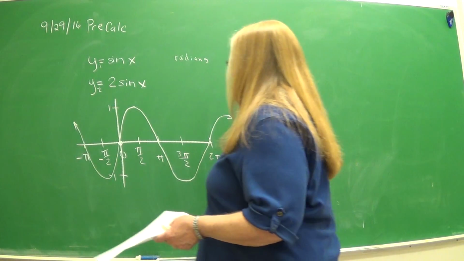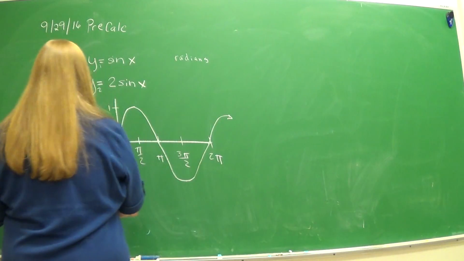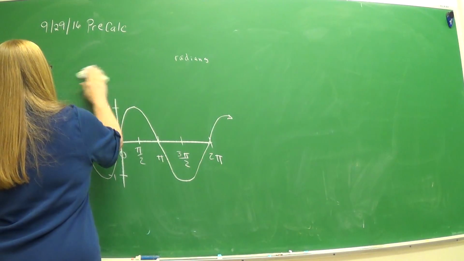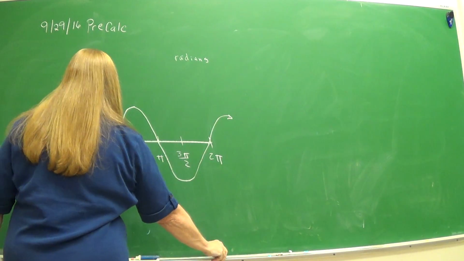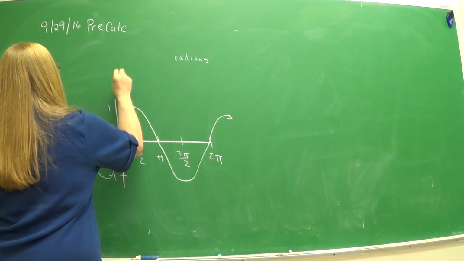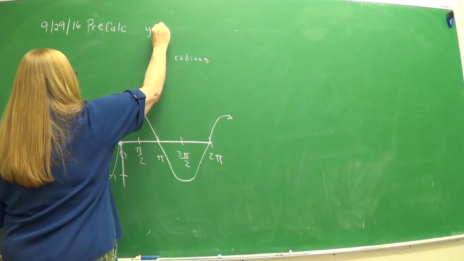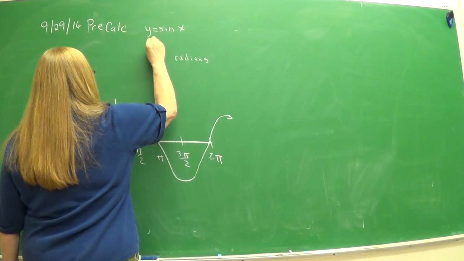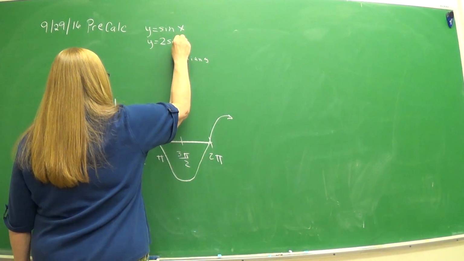You probably noticed from your expression, because this graph, when you put in a 2 in front of sine of x, now we're putting in y equals 2 sine of x.